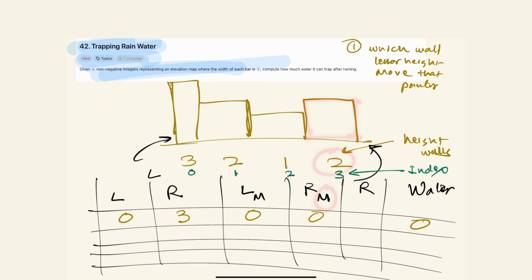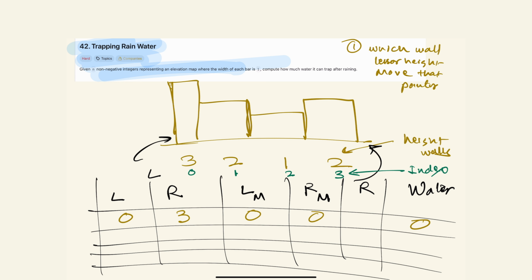If this wall length is bigger than the max value of the right, since I'm considering right because the left was higher, ignore the left one. Now we consider only right. This right height, if it is greater or equal to the max of the right, then replace it. Since this height is greater, I'm going to replace it.